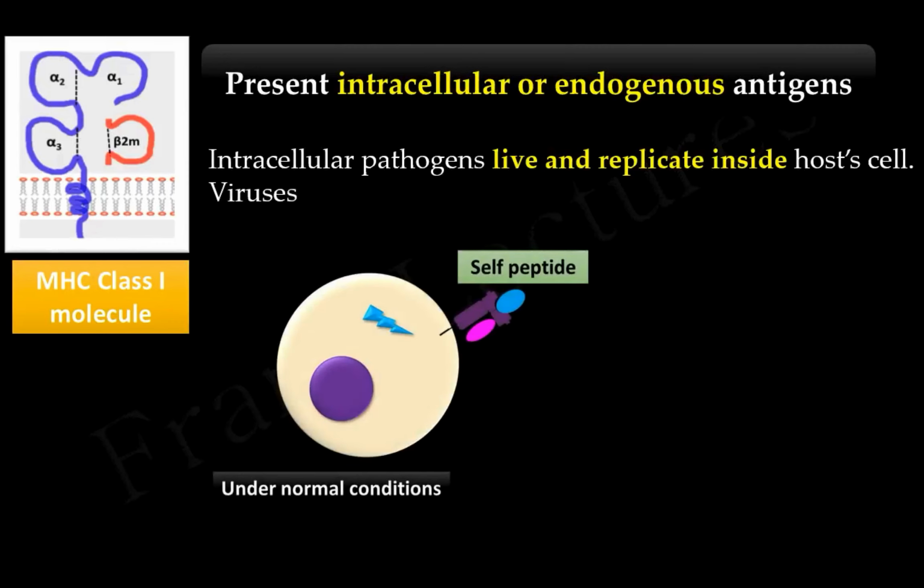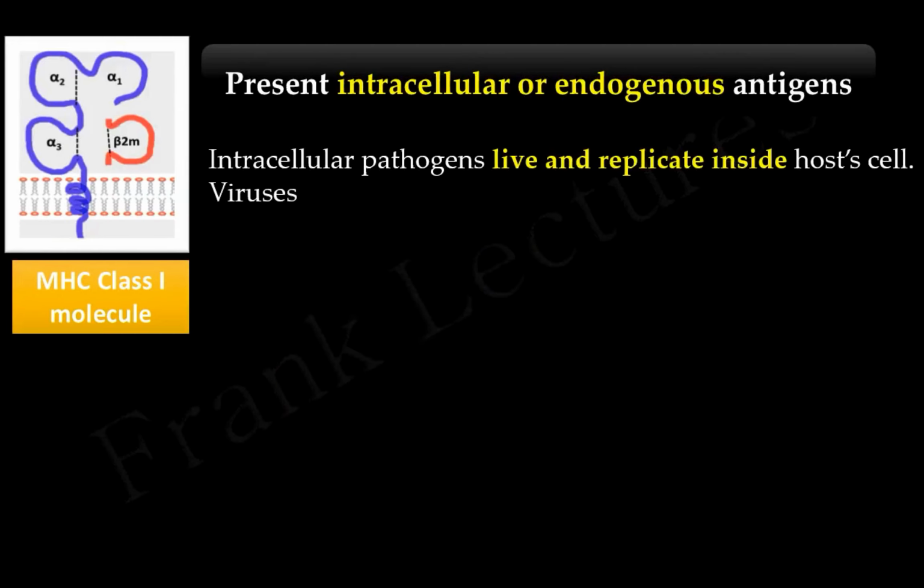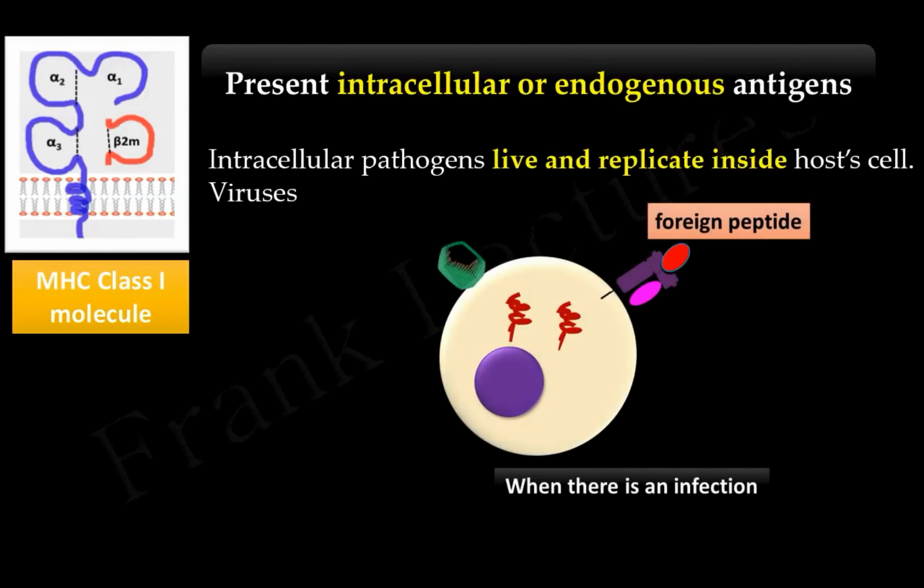Under normal conditions, the peptides derived from the cytosol of any nucleated cell are displayed by MHC Class 1 molecules as MHC peptide complex. When a cell is infected by an intracellular pathogen, for example a virus, MHC Class 1 molecules present the peptides derived from the virus for recognition by T cells.